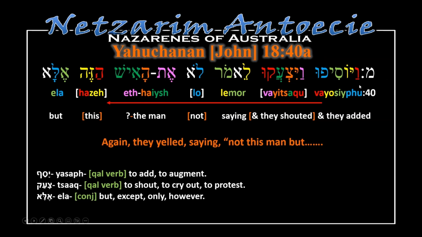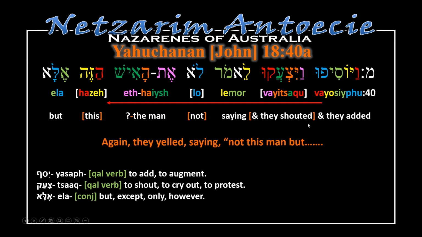And we read it. Va yosifu, and they added. Now the pronouns at the end, they, and with the vav and the yod, it's a completed action, and it comes from the root Yosef, which means to add. And we know that Joseph means that he was added, right? So they added.